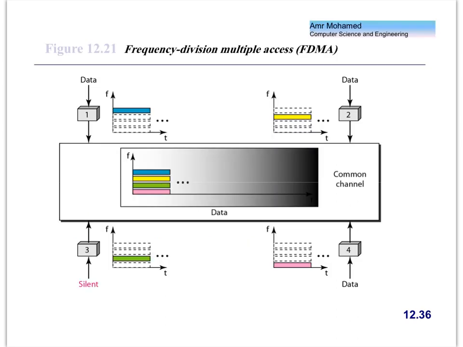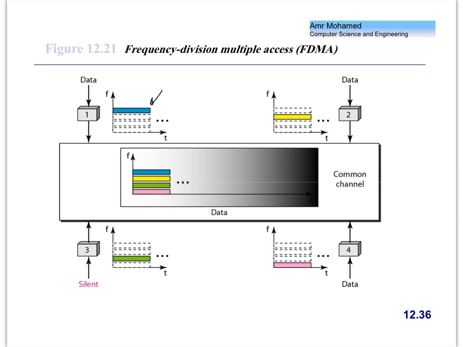So for FDMA, we simply divide the whole bandwidth of the network into channels, and we divide the channels in such a way that it's fixed. So we have to divide the bandwidth into a fixed number of frequency ranges.